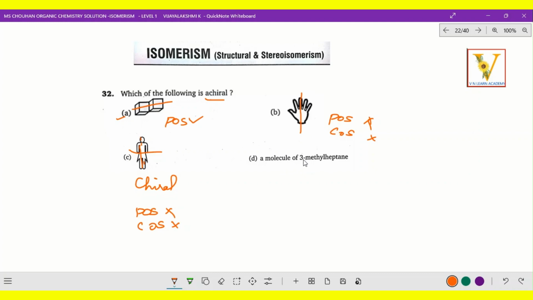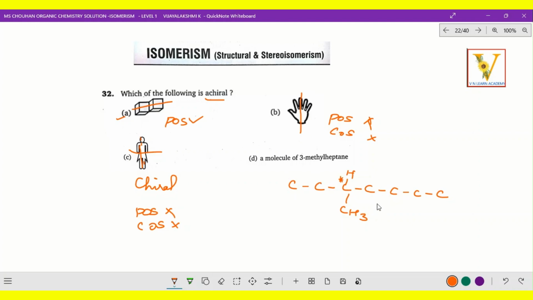Now, the molecule of 3 methyl heptane. Okay, heptane, how many carbons are there? 7. 1, 2, 3, 4, 5, 6, 7. In the third carbon, methyl, CH3. So 1, 2, 3, 4, 5, 6, 7. In the third carbon, CH3, 3 methyl heptane. Okay, now actually speaking, this is a chiral molecule, with a chiral carbon.